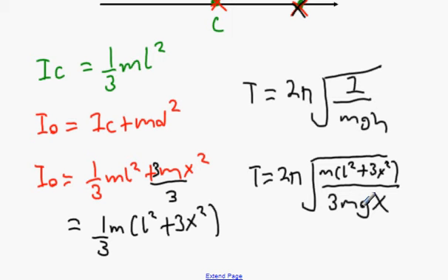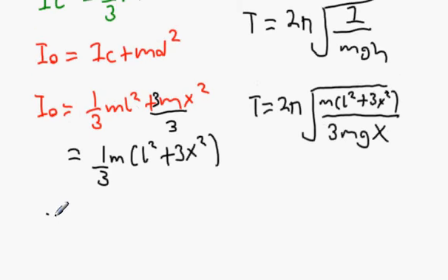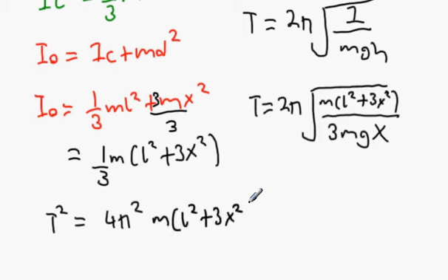So what I'm going to do is square both sides. When I square both sides, I'm going to get T squared equals 4 pi squared times M into L squared plus 3x squared all over 3mgx.